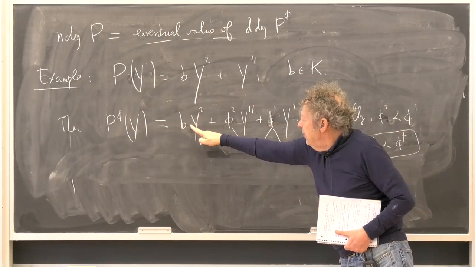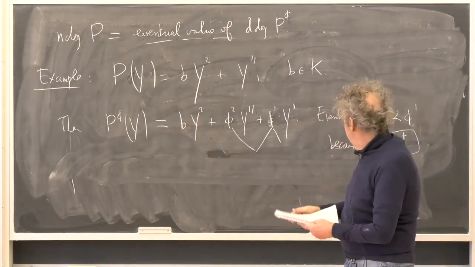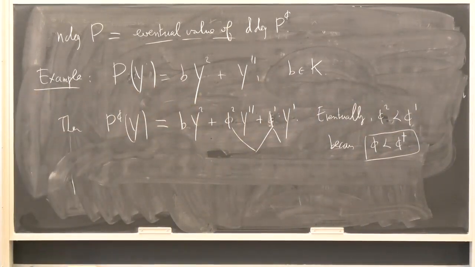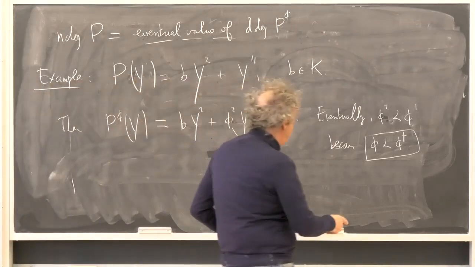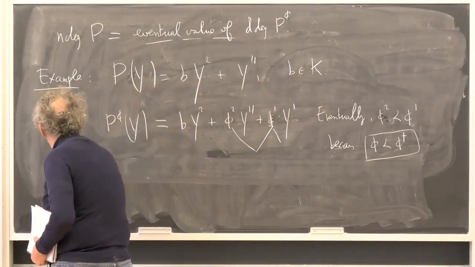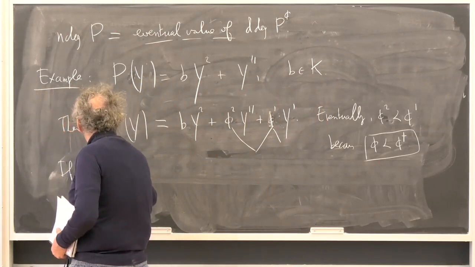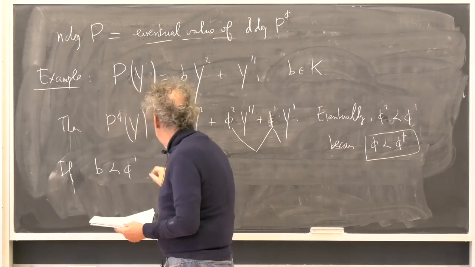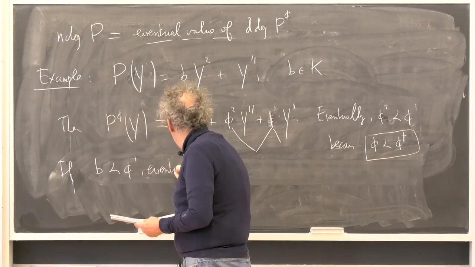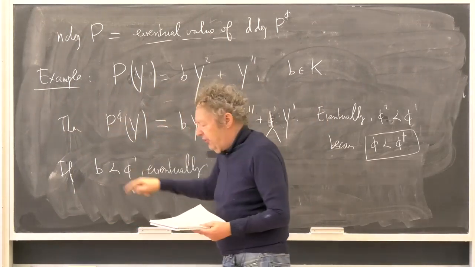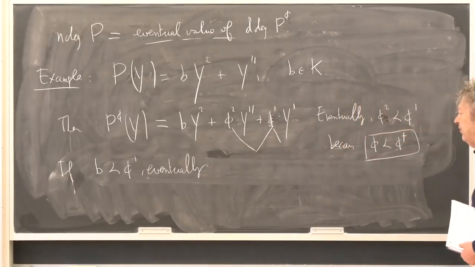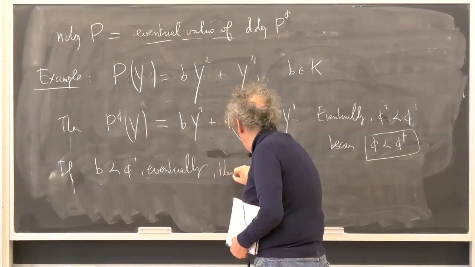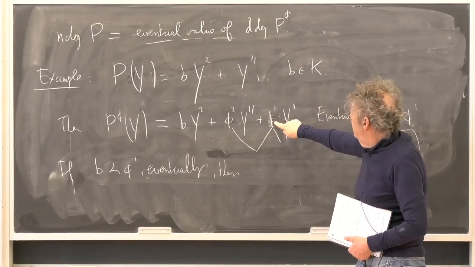But now, of course, that still has to be compared with B. You have only two possibilities. If B is eventually strictly smaller, and this can happen, then this will really be the dominant coefficient.